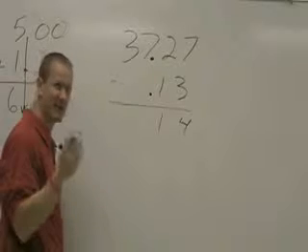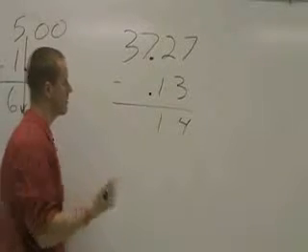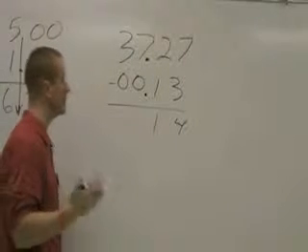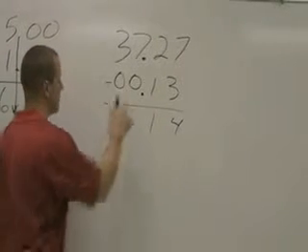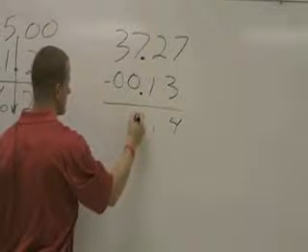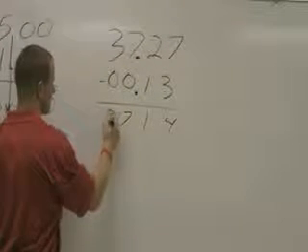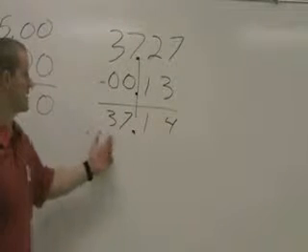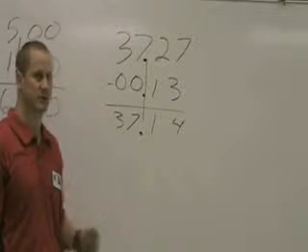Well, if there's nothing there, it's kind of like an imaginary 0. You could put a 0 there as a placeholder. Does it change the value? No, it doesn't change the value. 7 take away 0 is still 7. 3 take away 0 is still 3. Bring down my decimal. So my answer would be 37 and 14 hundredths.